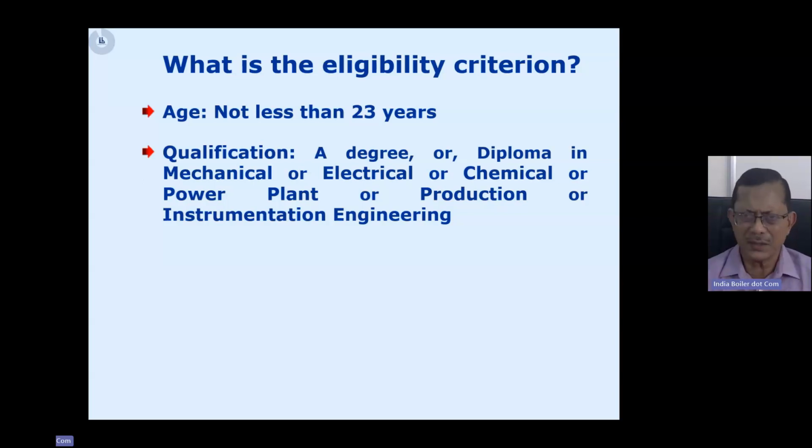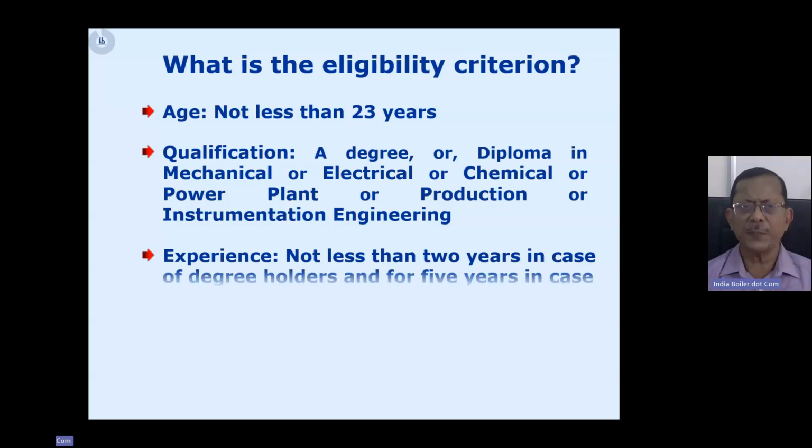But there are some states like West Bengal where the CIB is more lenient, right? So looking into the experience of that person, they are allowing. So there are exceptions, okay? But these are the general qualification criteria which you require to become eligible for this examination.